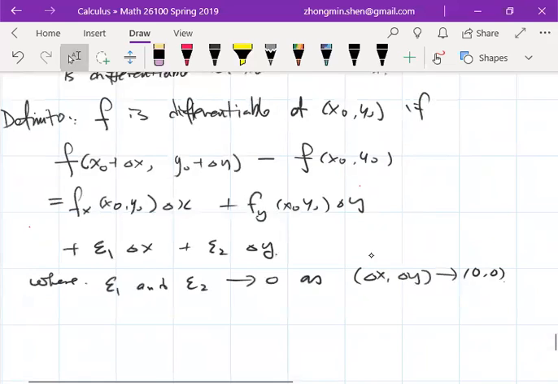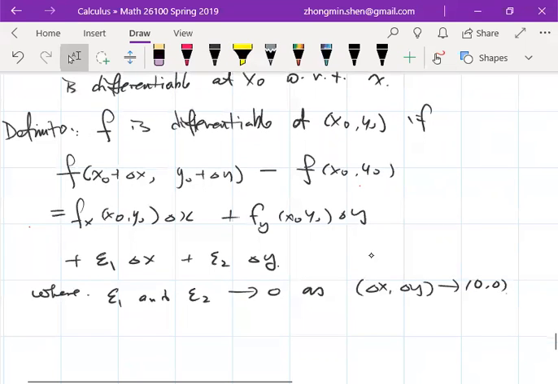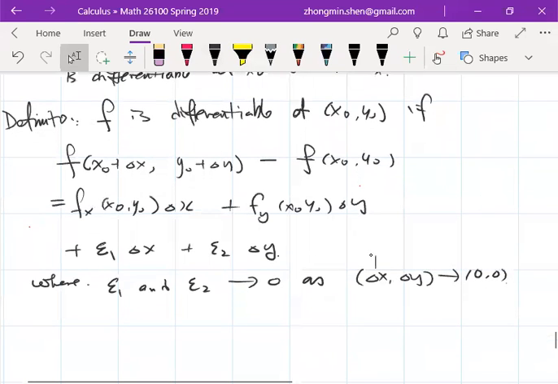Okay, so look at it. You're pretty familiar with this. So this looks like it's coming from the linearization, right? So that's the definition.